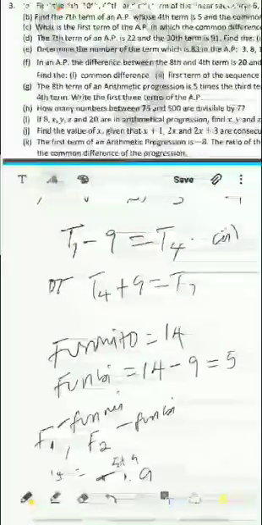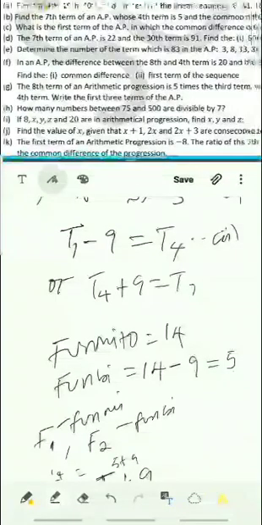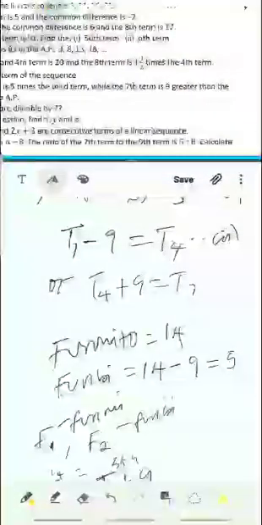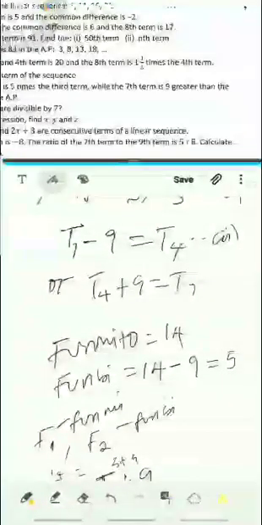The seventh term is 9 greater than the fourth term. This seventh term is 9 greater than this one. It's 9 plus this one.